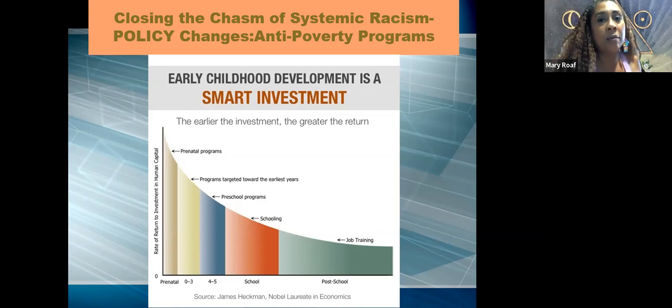Based on short-term and long-term longitudinal data, it has tremendous, what you would say as a social scientist, significant positive impacts through policy changes, right?